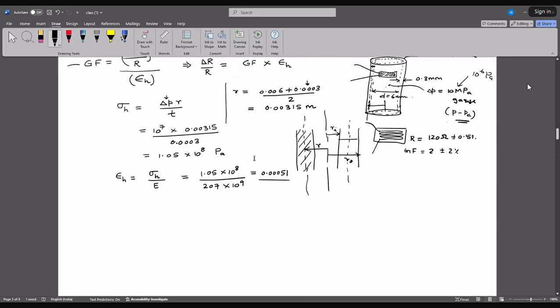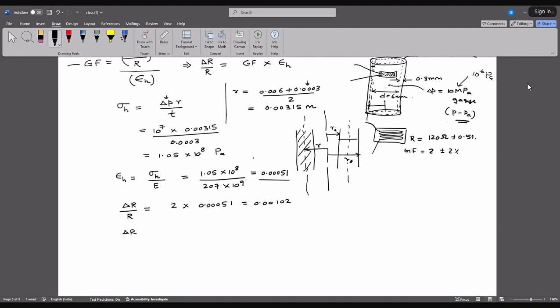So you can write down here delta R over R is gauge factor, which is 2, into Hooke strain, which is 0.00051. And that is going to be 0.00102.